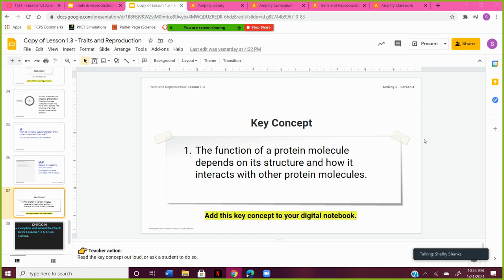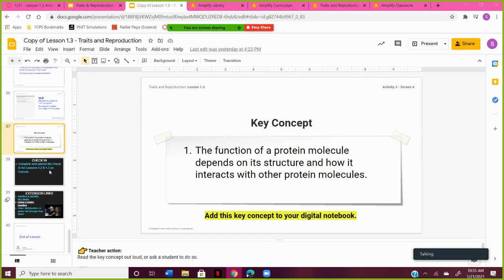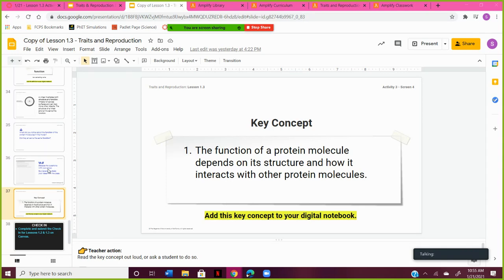It depends on its structure and how it interacts with other protein molecules. Make sure you get that into your digital notebook.